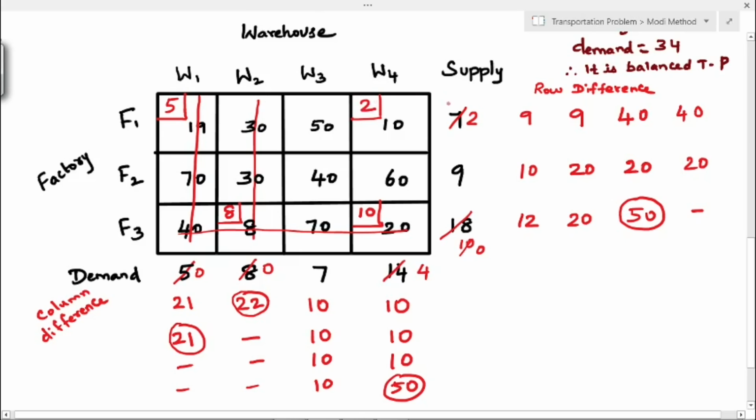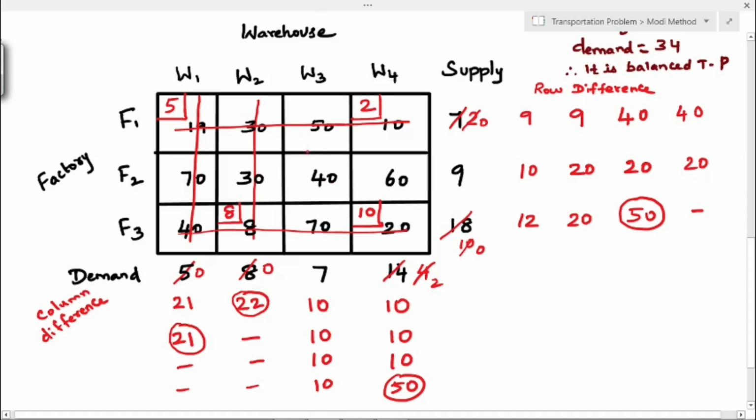So 2. So you have to subtract the allocation value. So 2 minus 2, 0. 4 minus 2 is 2. So the supply value will become 0. So you have to cancel the corresponding row. Next we have only two values, 60 and 40. In that we first consider the least one, that is 40.